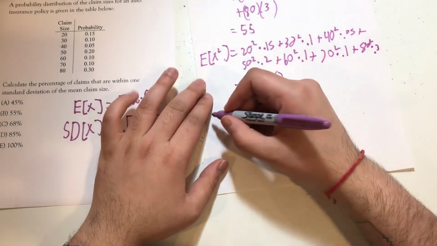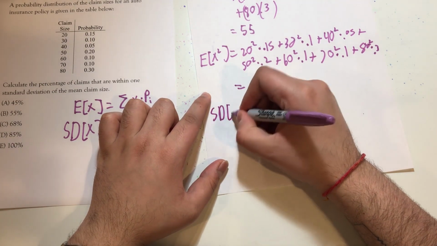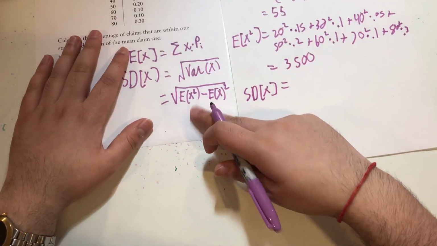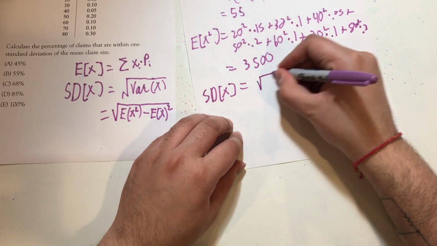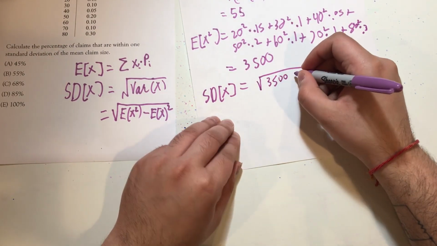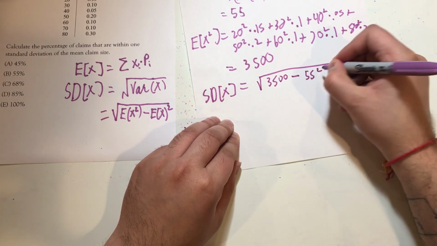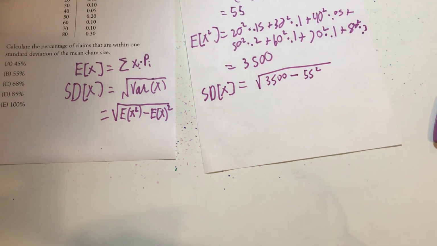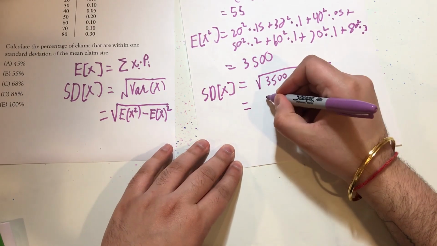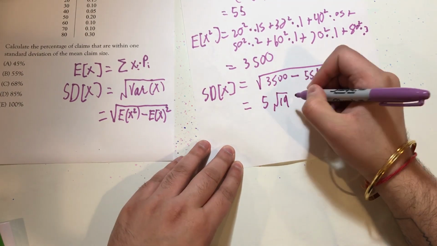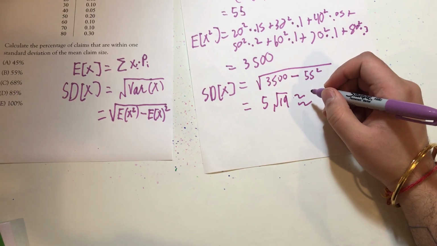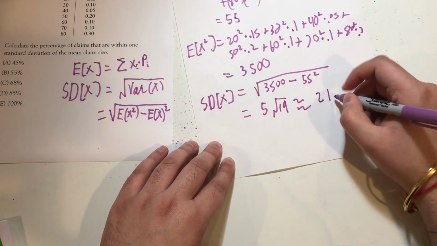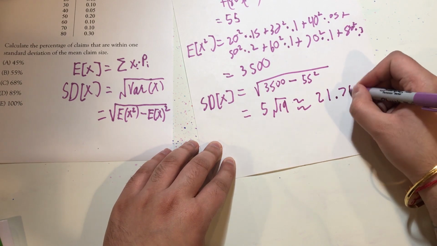All right, so we have the expected value, we have the second moment. Now we can actually calculate the standard deviation. The standard deviation of x is equal to the square root of 3,500 minus 55 squared. And that ends up equaling, again, just an easy thing to punch into the calculator, 5 root 19, or approximately 21.79.